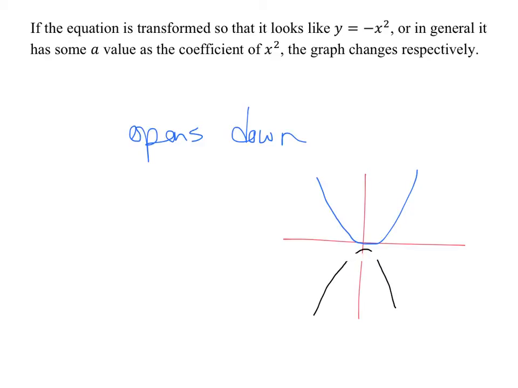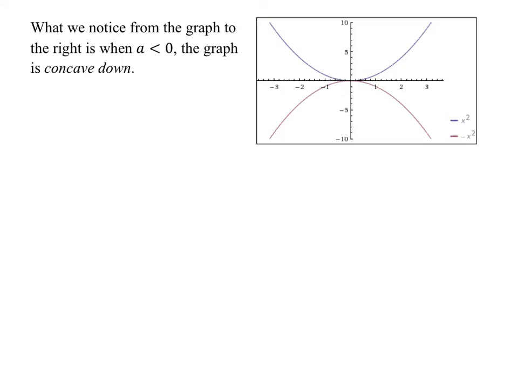It should be much closer. Should still be on the origin. And obviously this is not done very well. So we have the parent function, and we have y equals negative x squared. Again, that's with no shifting involved at all.